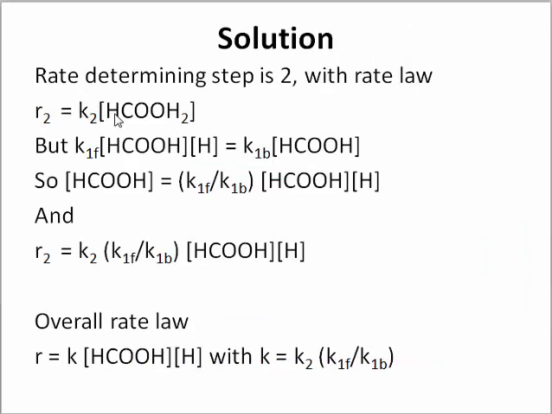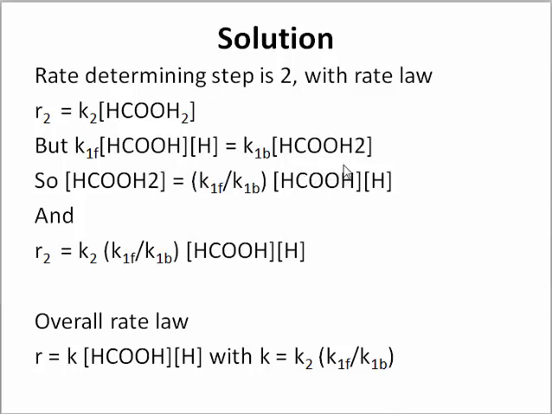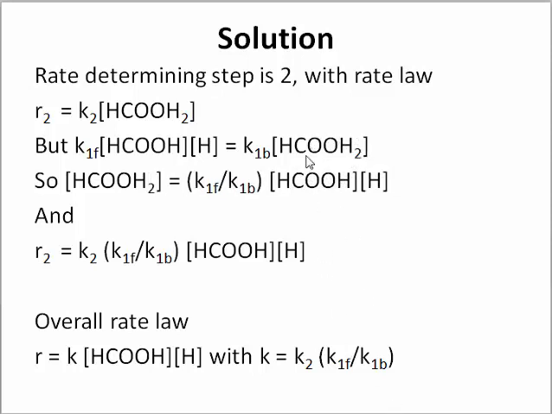The rate law for step 2 is k2 times the intermediate HCOOH2. HCOOH2 is an intermediate, not there before or after. But if step 1 is a fast equilibrium, we can set k1 forward times concentration of HCOOH times H equal to k1 backward times HCOOH2.